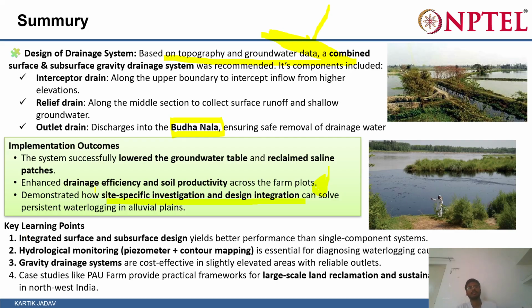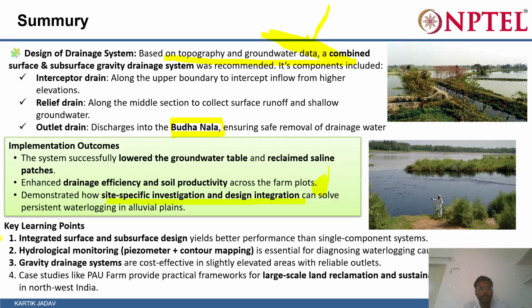So the key learning from this is that integrated surface and subsurface design yields better performance than a single component system. It's always recommended to go with more detailed analysis and collect maximum data during your initial or reconnaissance survey.